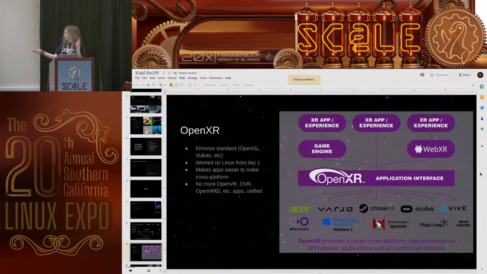So we have OpenXR, and why is OpenXR so important? Well, in the past, you had to write an app, and you had to specifically use Windows UI libraries, and Mac UI libraries, and Linux UI libraries, and Android UI libraries, and iOS UI libraries, although Mac and iOS somewhat shared them.